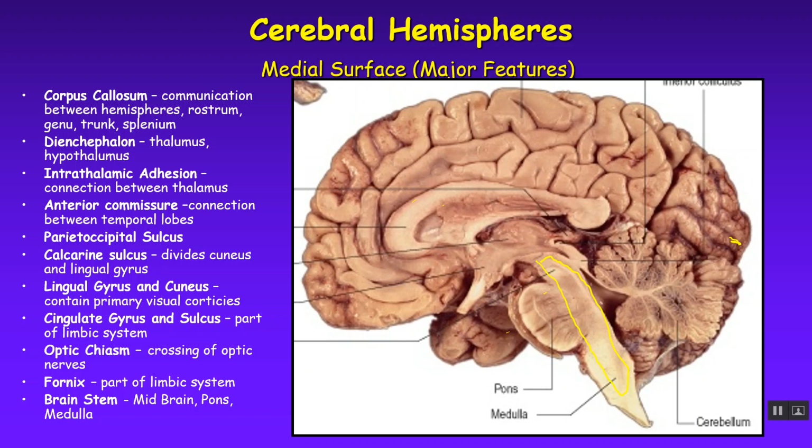And there's tons of stuff in there, lots of little nuclei and cranial nerve nuclei and respiratory centers and pneumotaxic centers. Crazy how much stuff is packed in there.